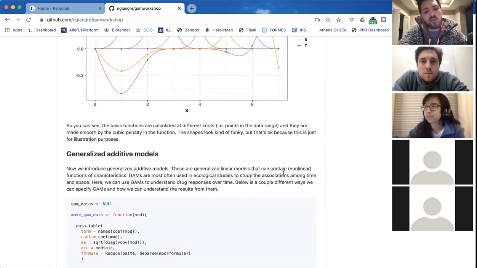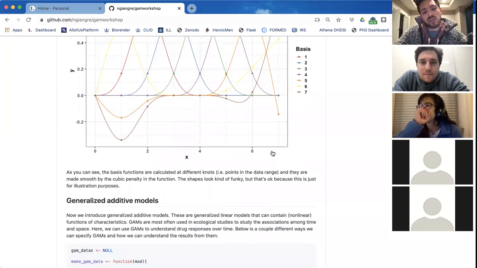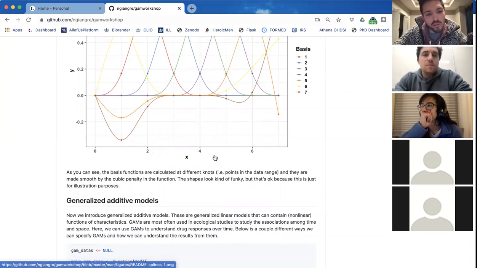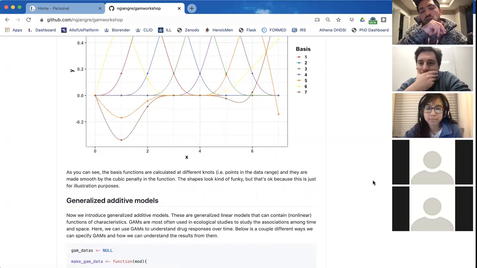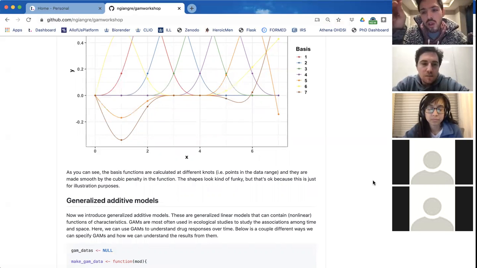And so yeah, the basis functions are calculated at what are called knots. And the knots are at the different stages, 1 through 7. Those are the different points in the data range. So you may have a data range from, I don't know, 0 to 100, and you can choose where your knots should be.